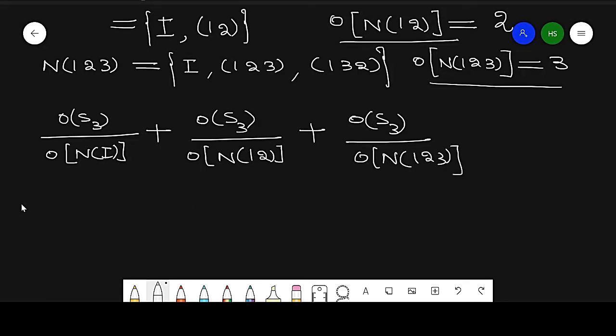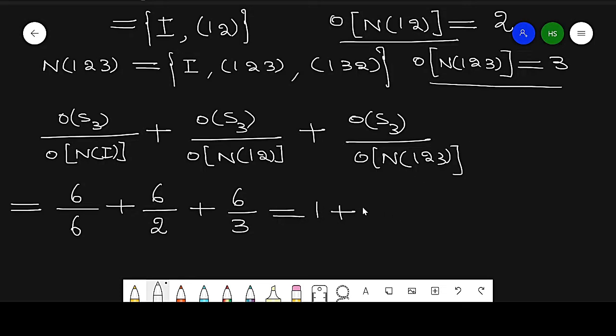Substituting the values: 6 over 6, plus 6 over 2, the identity and (1 2), plus 6 over 3, the identity, (1 2 3) and (1 3 2). This becomes 1 plus 3 plus 2, which is 6, equal to the order of S3. In this way the class equation is verified.